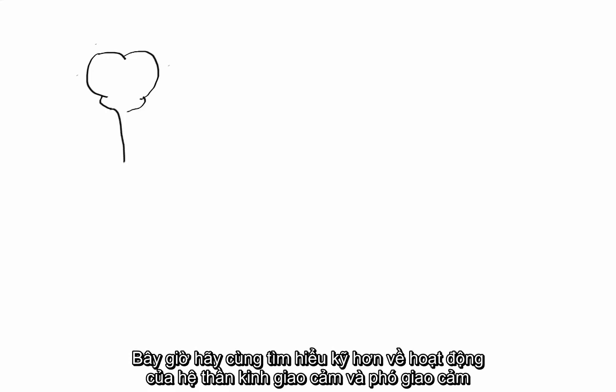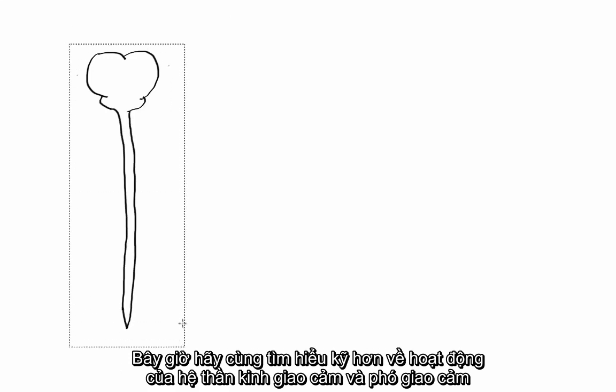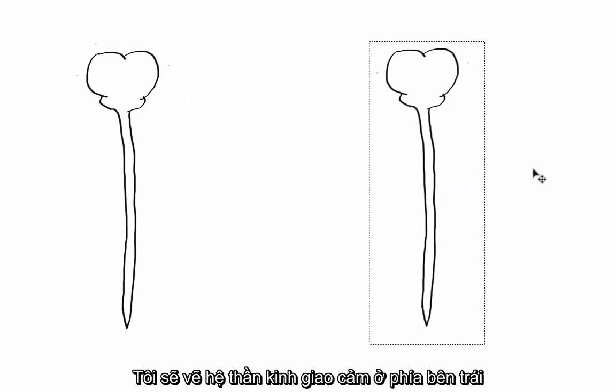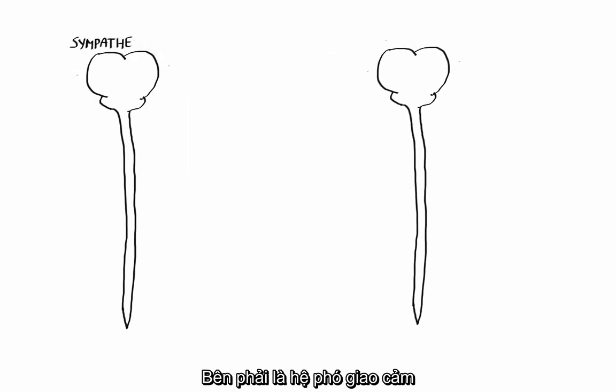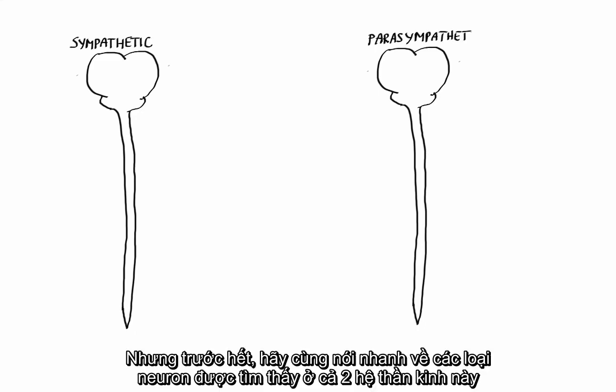Now let's take a closer look at the functions of sympathetic and parasympathetic system. So I'm going to draw sympathetic division on the left side and parasympathetic division on the right side. But first, let's quickly talk about the types of neurons that we find in both of these divisions.